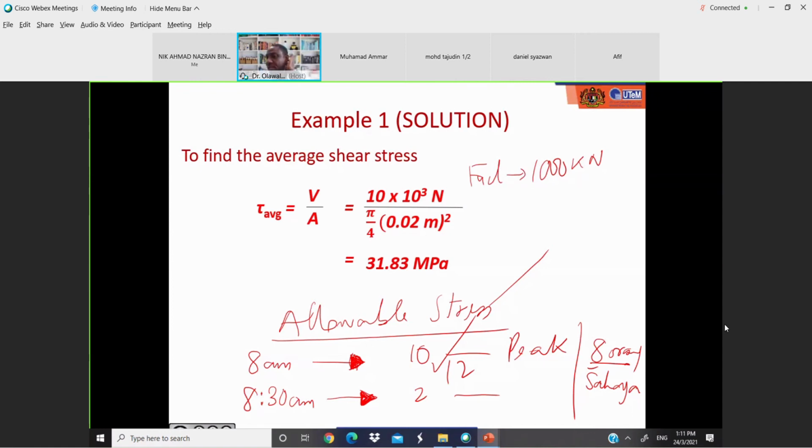You tell the user that this lift cannot take more than, you give them an allowable load. You say the lift will only take 800 kilonewton or 600. What this means is you are only telling them you can take this, but if they go beyond this, the lift will still be okay.